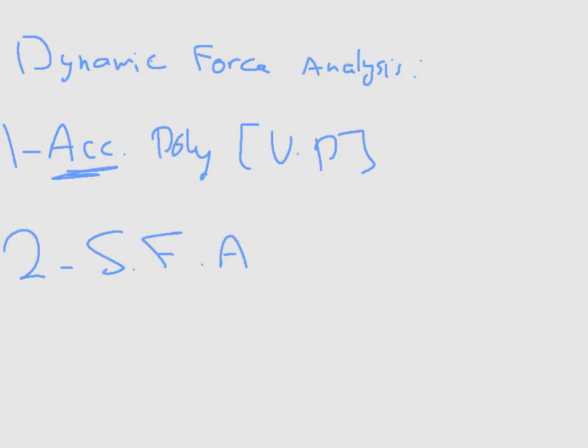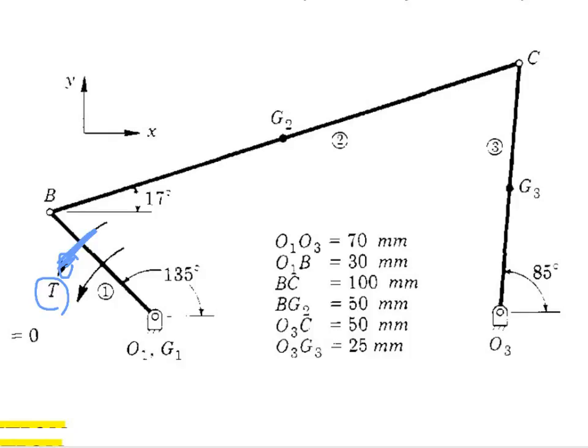Before I continue, in static force, if you see any example, for example this four-bar mechanism, they put some forces here and you analyze your system due to these two forces in the static case. But in this example, which is dynamic force, there is no force there. So where does the force come from?